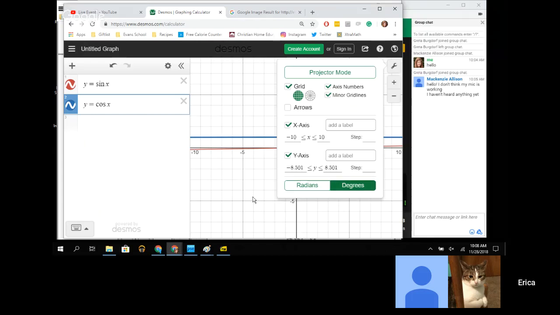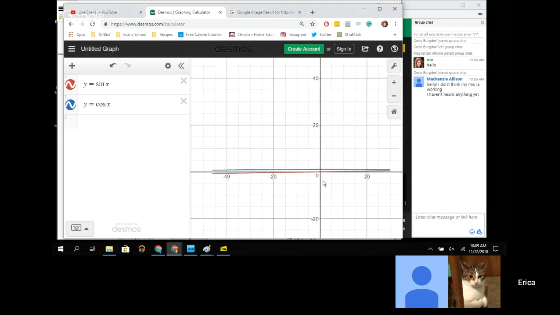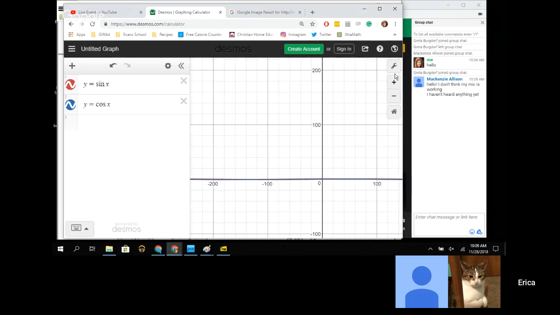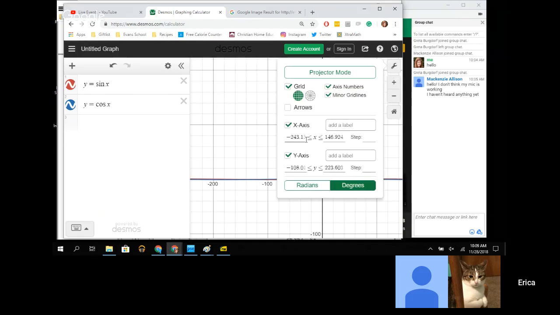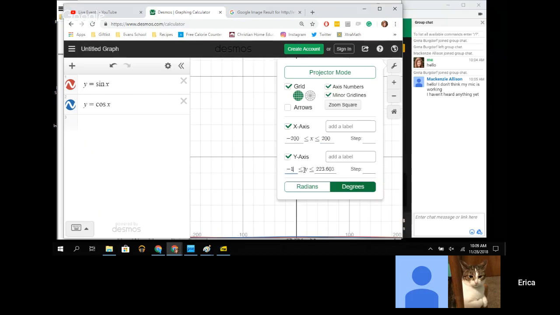So you'll see if I switch to degrees, my graph looks like this is not a sine curve. And that's because it's going to go from 0 to 180. Let's see if I can set it up so that it works nicely.